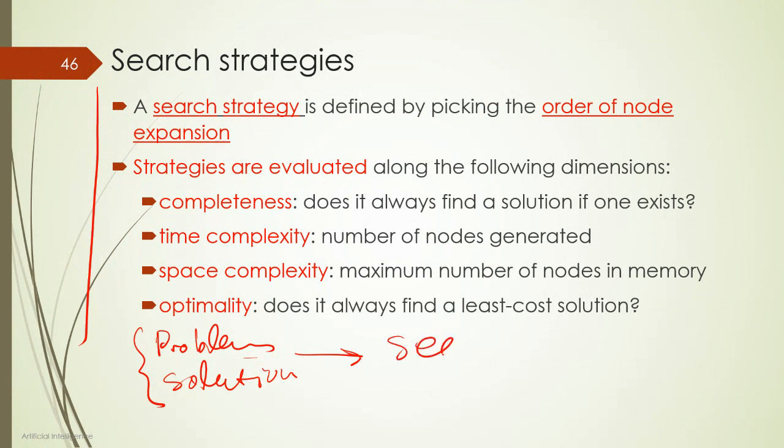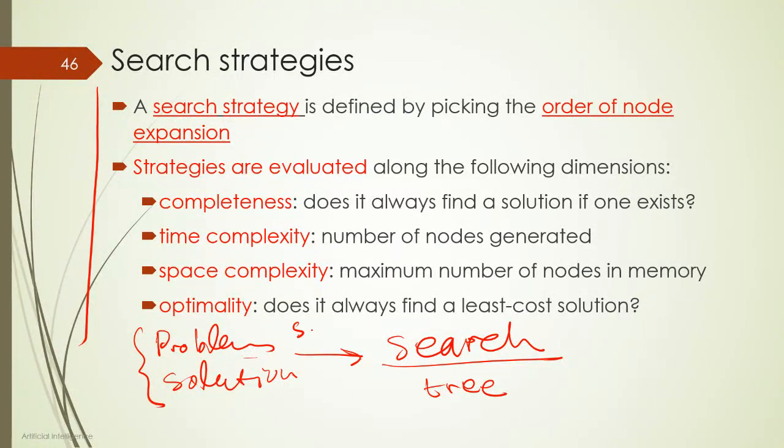I have to search for the solution. To do the search, we focus on a search tree. A search tree is a sequence of actions and options we have in the state space of the problem.